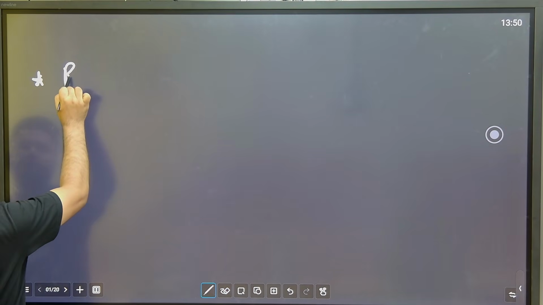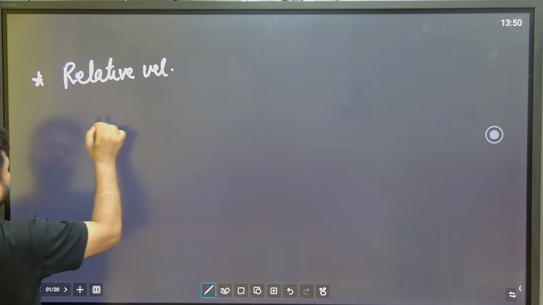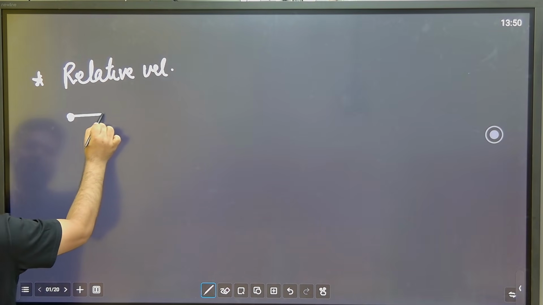Suppose there is a train which is traveling in this direction.